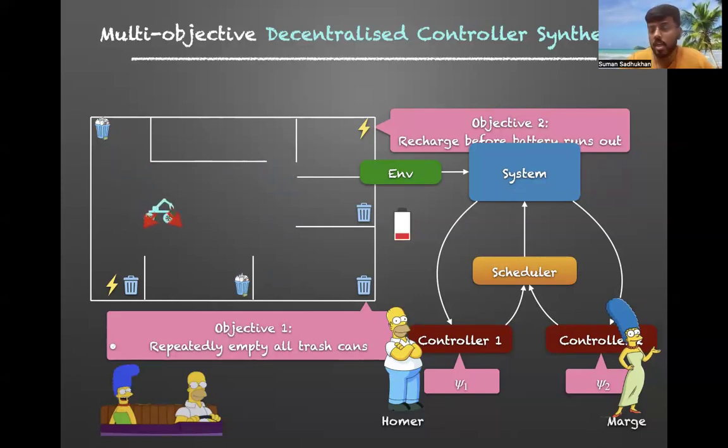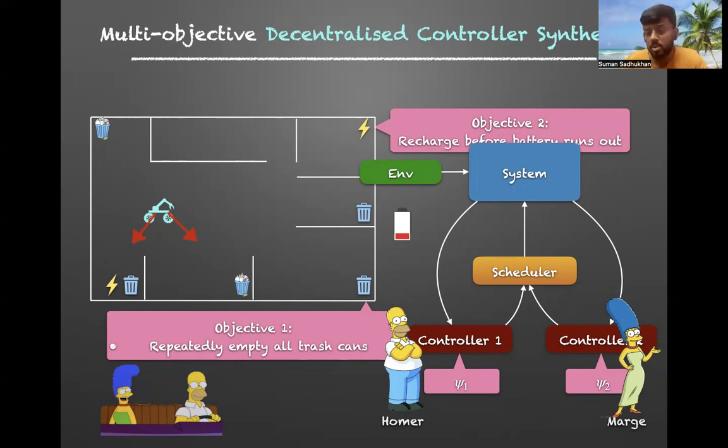And you can see that the status of the battery is also changing as he moves around. And at some point the scenario is as follows: there is a trash can which is full, and the battery is too low. But Homer's objective was only to collect the trash; he doesn't care about the battery at all.